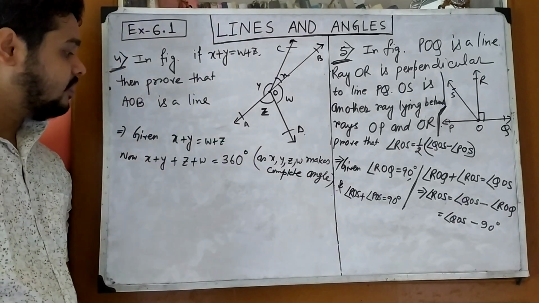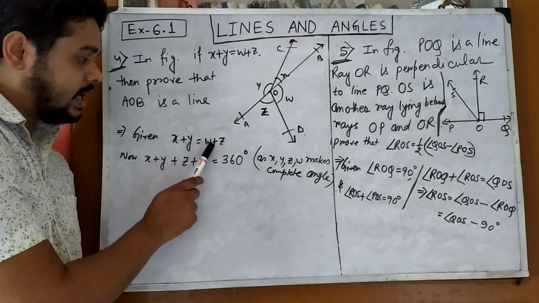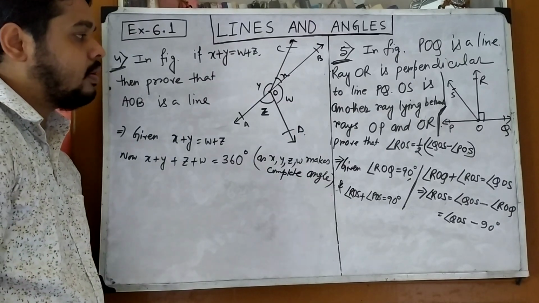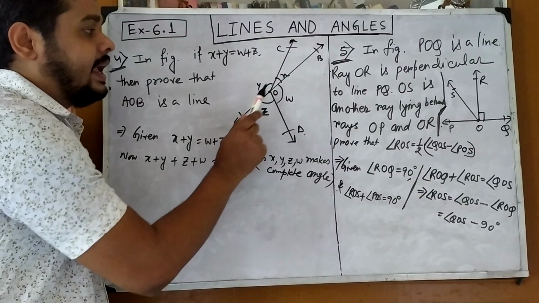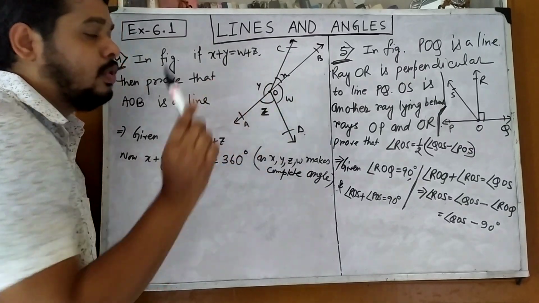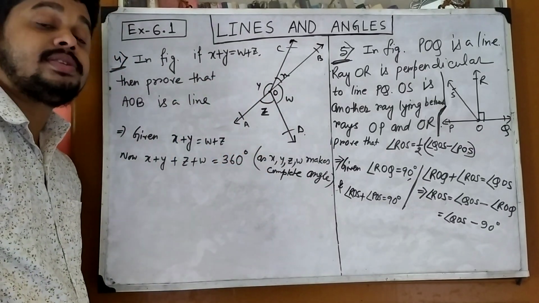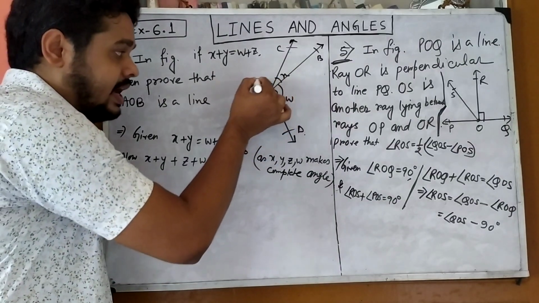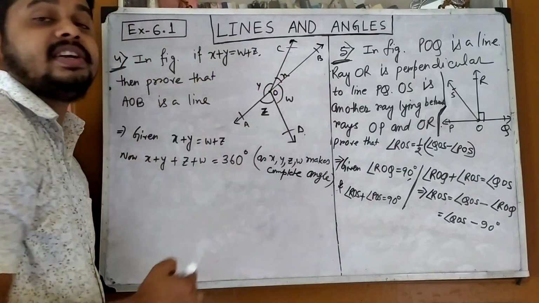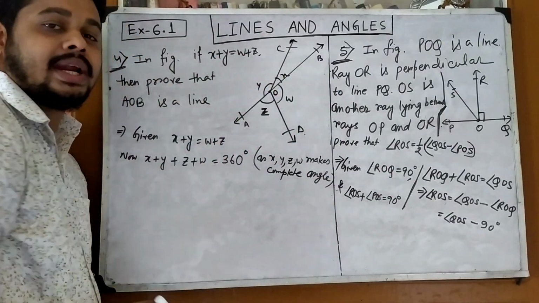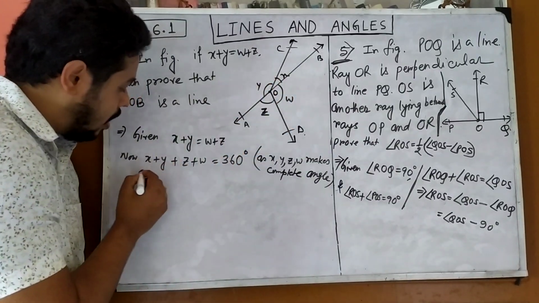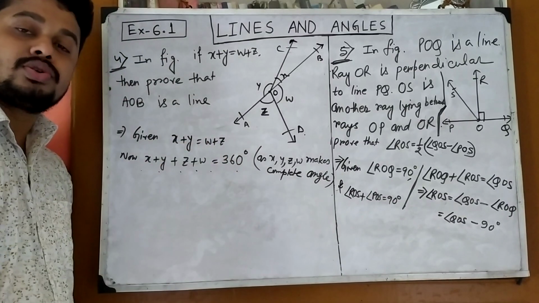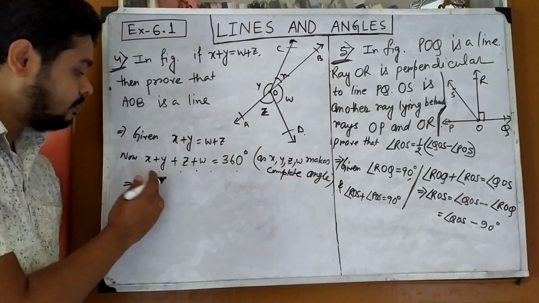Now, we can write the sum of all these 4 angles x, y, z, w equals 360 degrees. Why? Because they are making a complete angle, a complete rotation. Complete rotation means 360 degrees.